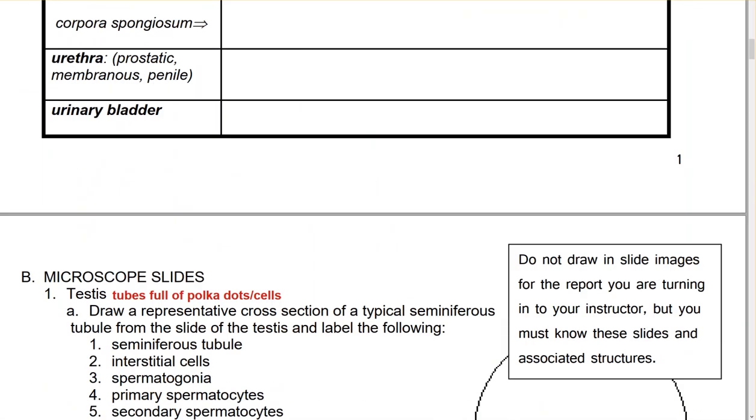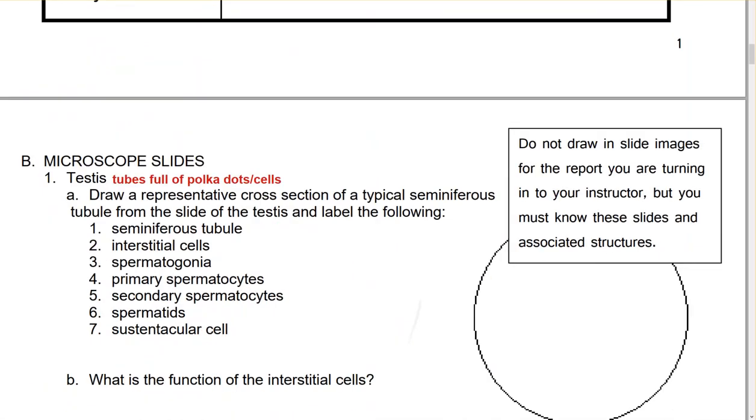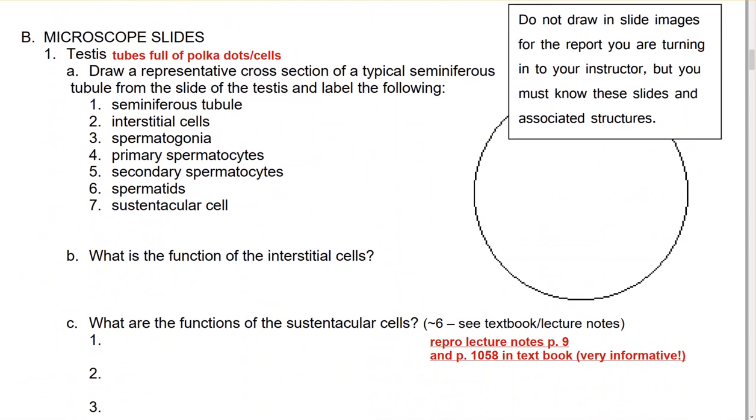All right, so then on the second page of your lab report, we'll be looking at slides of seminiferous tubules. And so I've given you some information here. And then they're going to ask you functions of sustentacular cells. These are also called Sertoli cells or nurse cells sometimes, but you can find that information in your lecture notes and in the textbook.